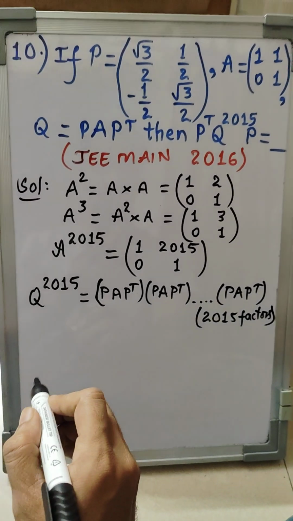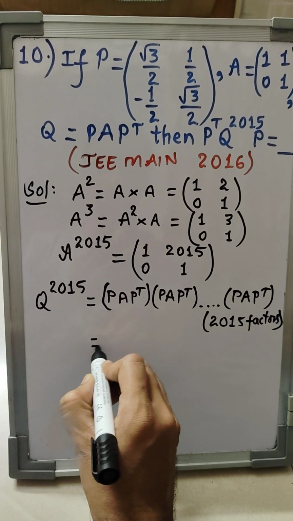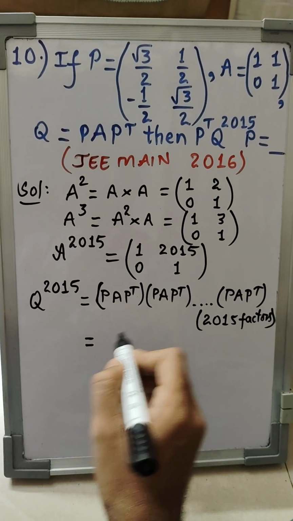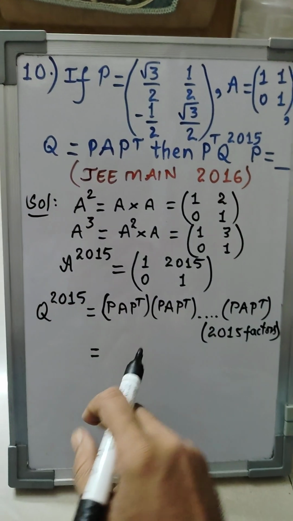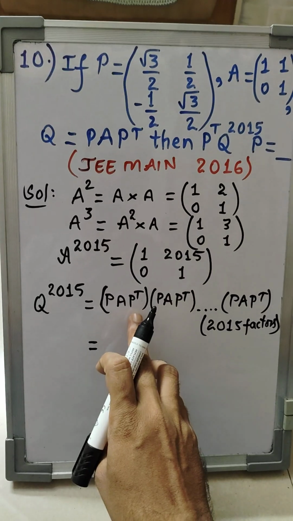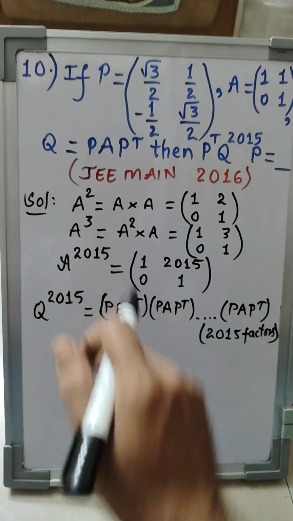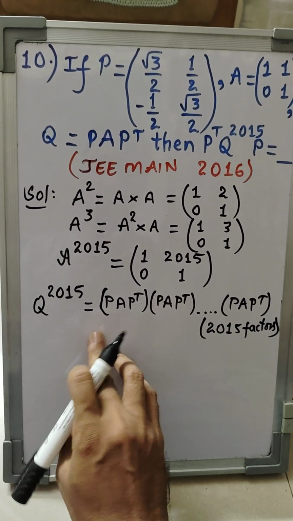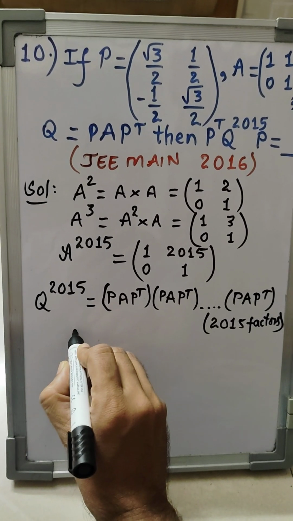One thing we can observe is that P transpose into P, when we find it, we get the identity matrix.